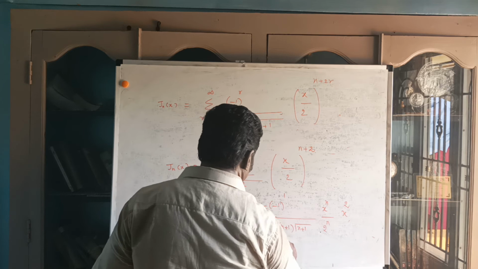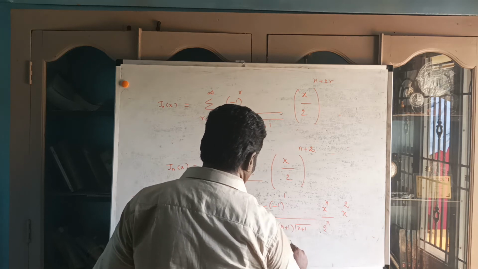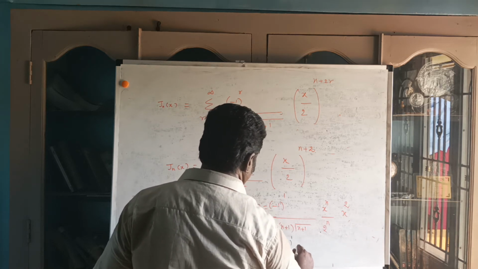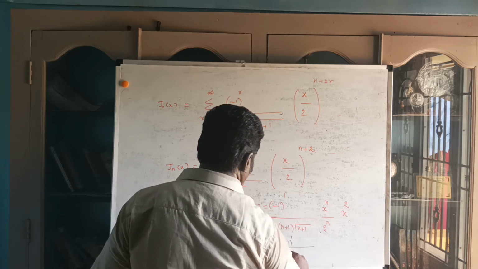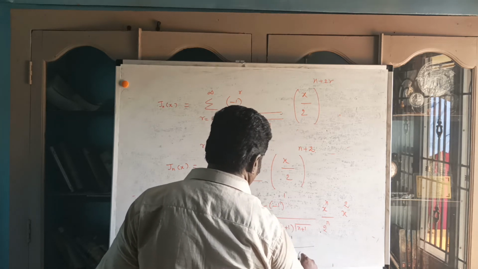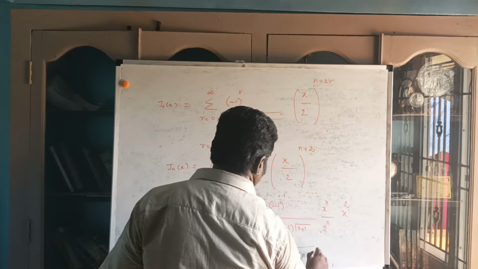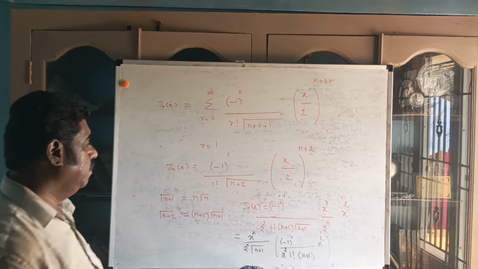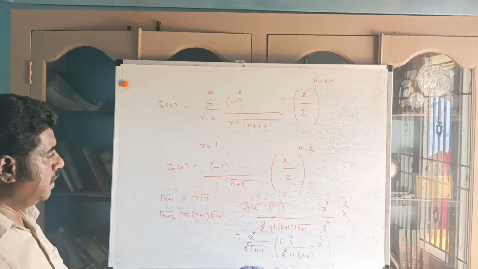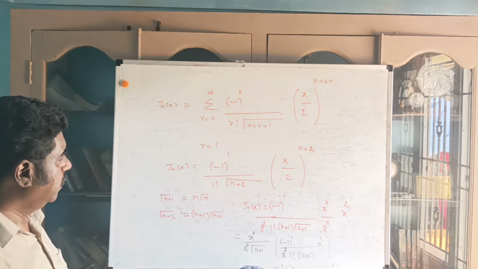Then the rest of the term is minus 1 power 1 divided by 2 square, 1 factorial, into n plus 1, into x square. This is the term present inside.